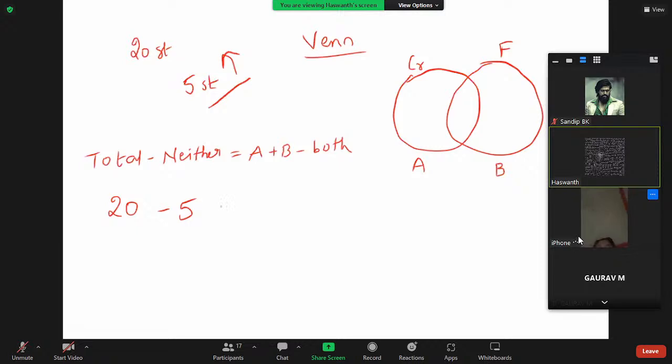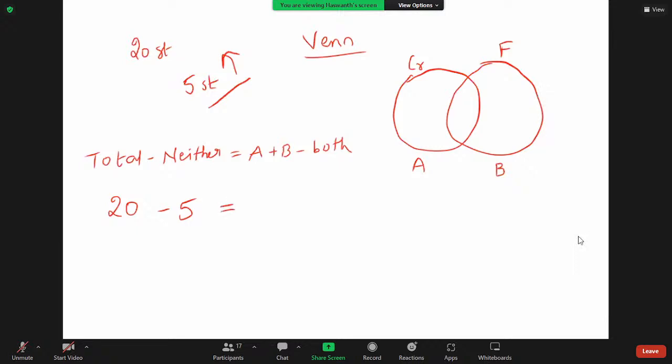A means the total value of set A, students who play cricket. Let's say 10 are playing cricket and 10 are playing football. Students who play cricket, A, is 10. B means the total value of set B, students who play football, 10. Minus both. In this example, total is given, neither given, A given, B given.